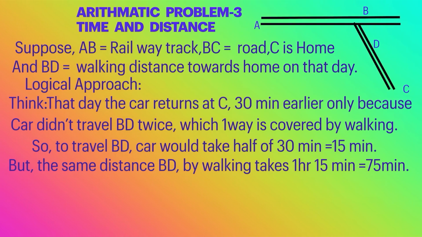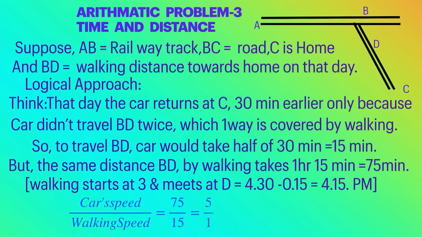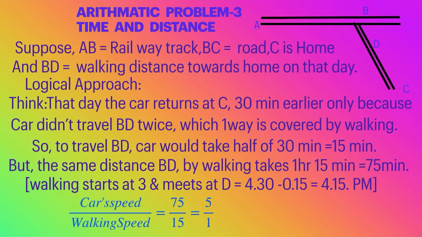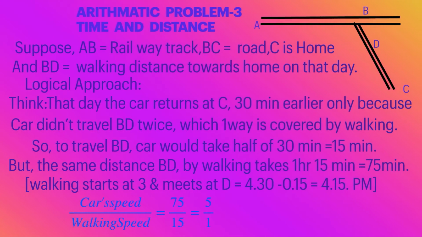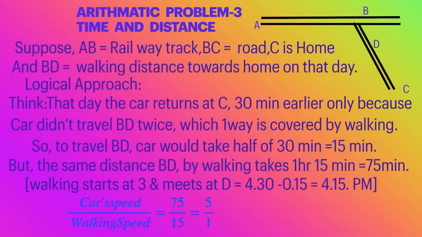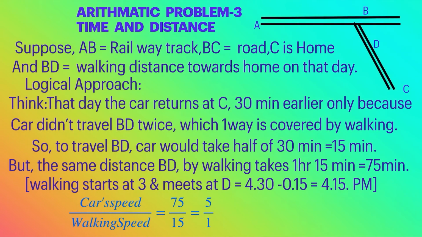So here clearly we may write car speed by walking speed equal to 75 by 15, because the same distance covered by the car would take 15 minutes, whereas the man has taken 75 minutes by walking.